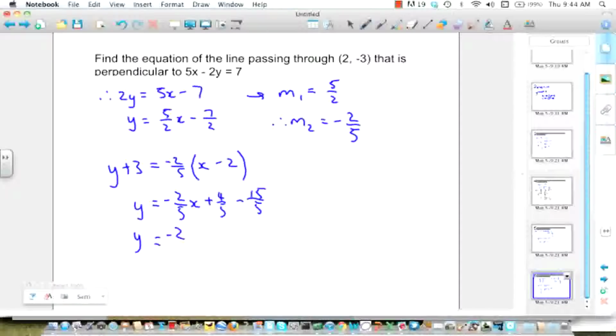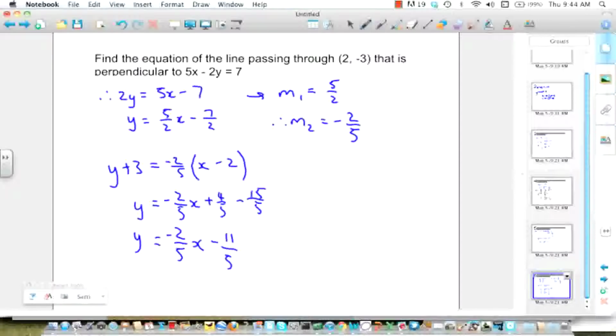So minus 2 on 5 x plus 4 on 5 minus 15 on 5 is... 4 minus 15. What is it? Minus 11 on 5. Okay.